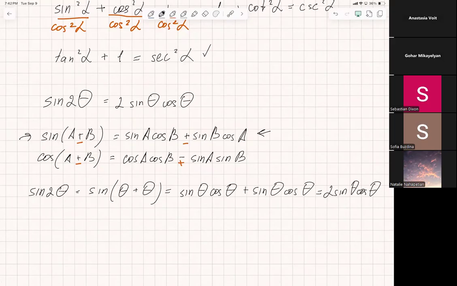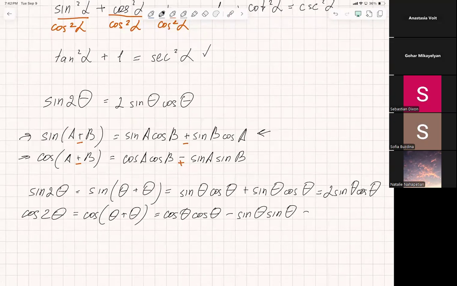So easy. Same goes for cosine 2 theta. If we apply the same rule right here, we have cosine theta plus theta, right? We have cosine theta cosine theta minus sine theta sine theta, which makes it cosine squared theta minus sine squared theta.